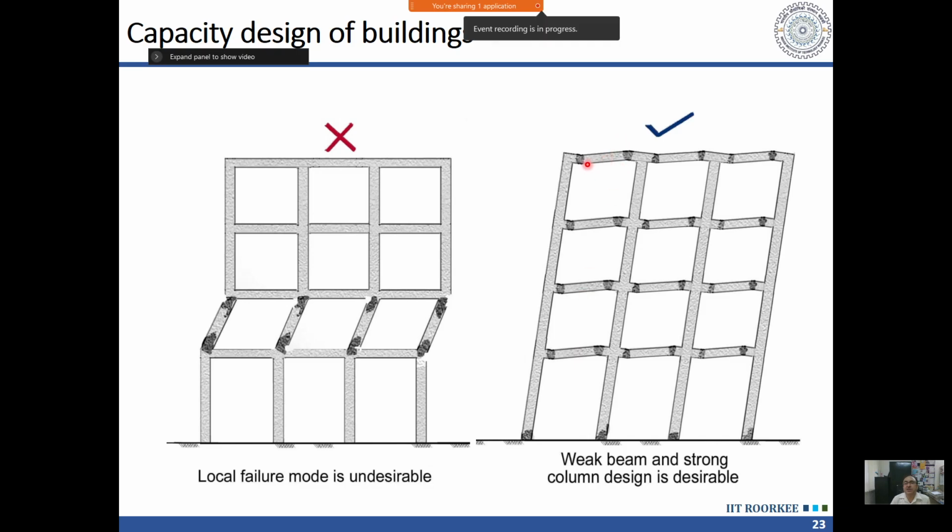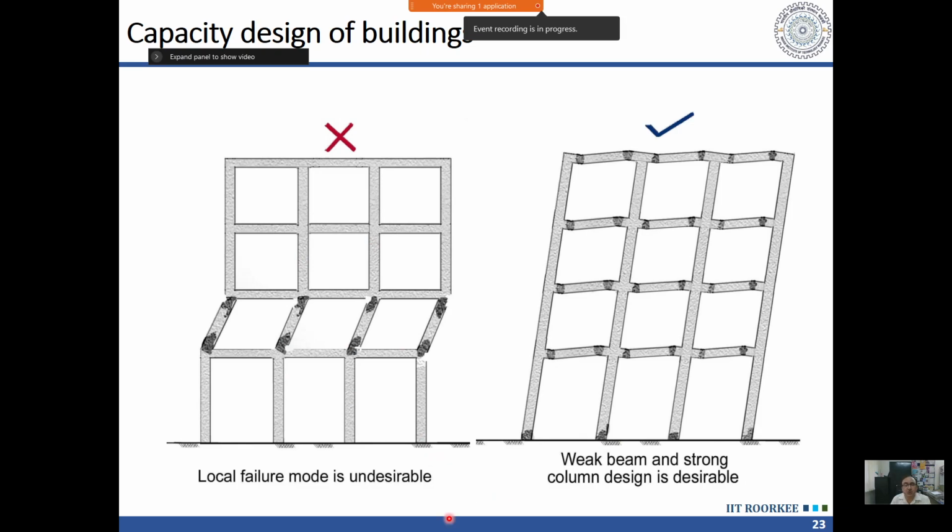Whereas when the hinges are forming in beams, a large number of hinges can be sustained before the structure becomes a mechanism or fails. So the second approach is going to give us much better energy dissipation, and it can sustain much larger earthquakes as compared to the first case.